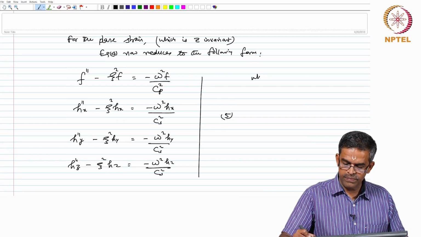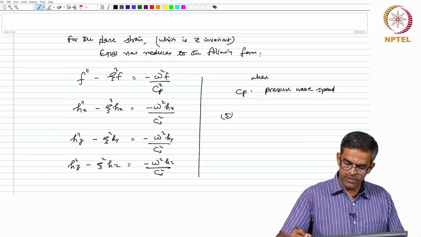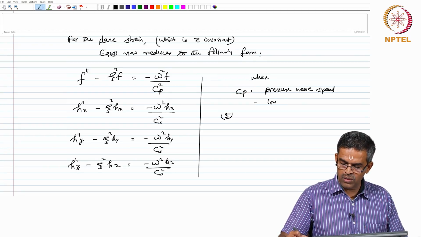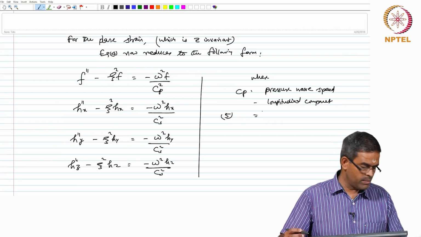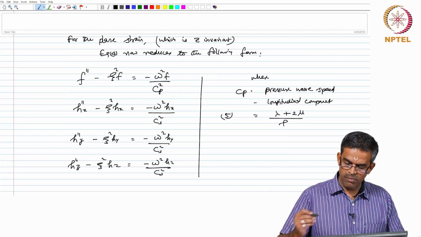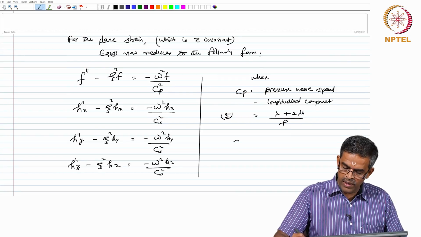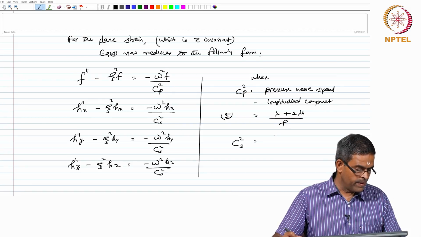where C_p, which is the longitudinal component, is given by square root of lambda plus 2 mu by rho.